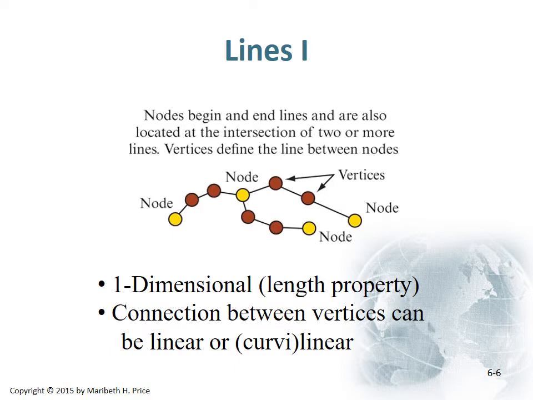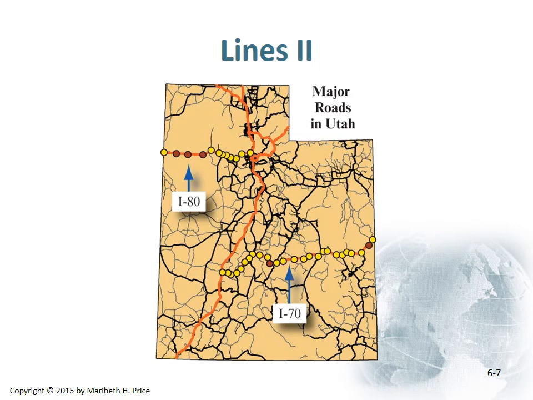along those lines. At a minimum, though, lines can be simply used to describe the locations of those linear features in space. So, where are the streams? Where are the roads? Where are the landing strips at an airport? Things like that. An example here would be major road systems in Utah.